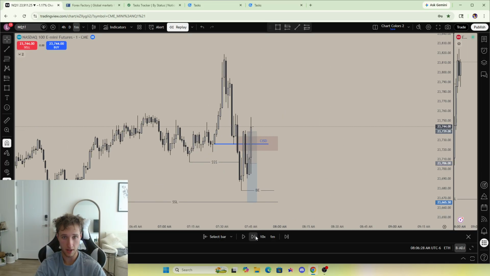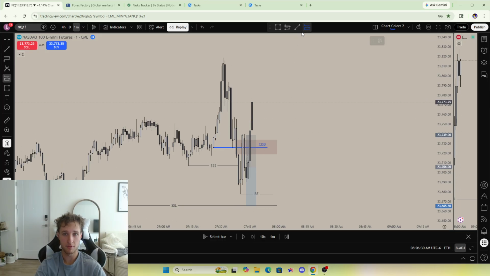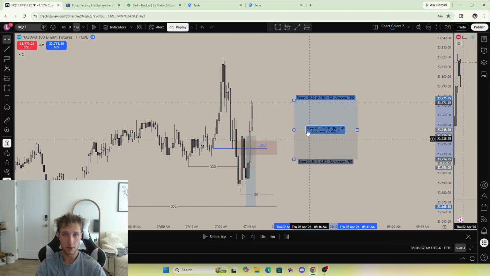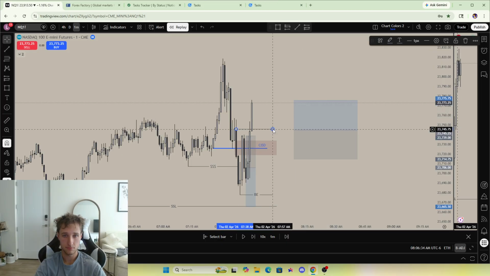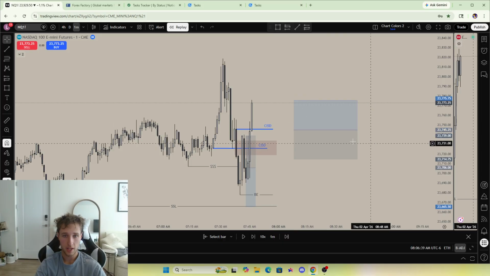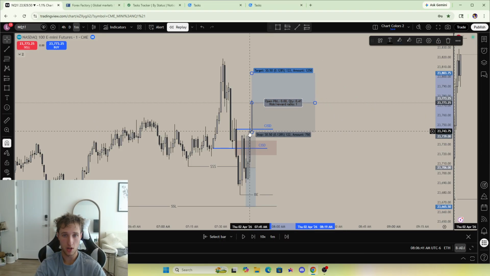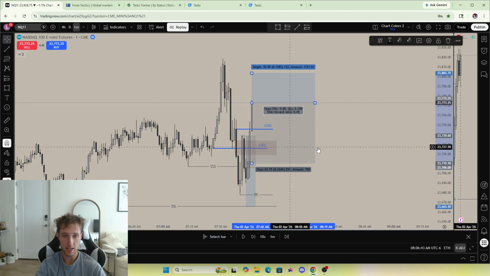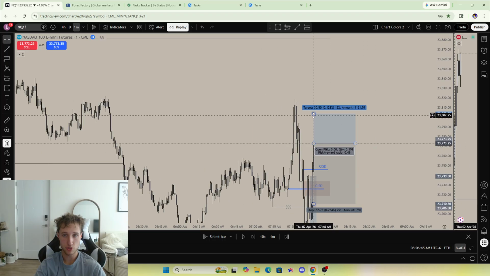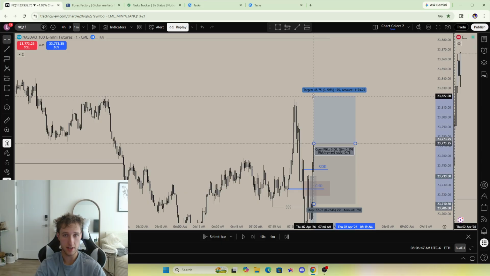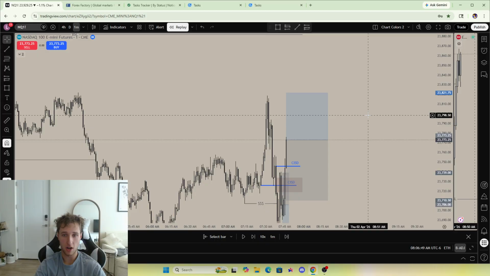So we end up on the very next candle getting above this 1 minute change right here. Getting above this 1 minute change, I enter long with my stop right below this second bullish for value gap. And then I'm just targeting the 1-to-1. So I wanted to target here, right? But I was just like, okay, my RR is pretty shit.